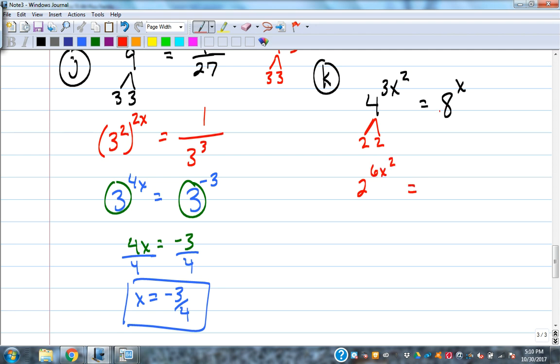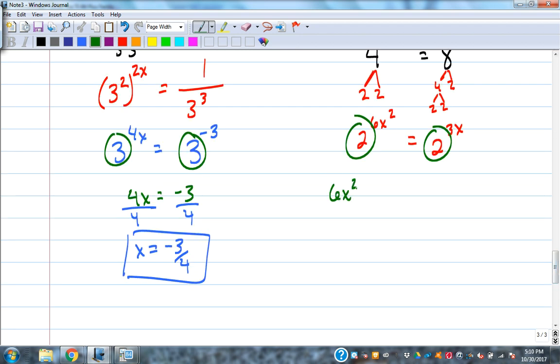And then 8 is 2 to the third, so that's 2 to the 3x. So now the bases are the same, so I drop the bases. So I've got 6x squared equals 3x.